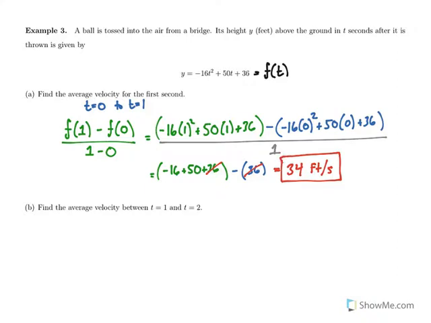We can do the same thing on a different time interval. So let's do from t equals 1 to t equals 2.